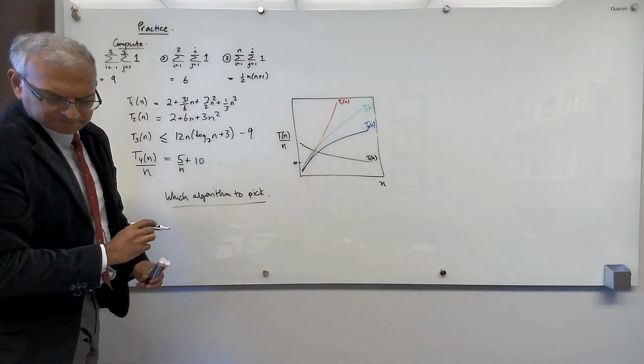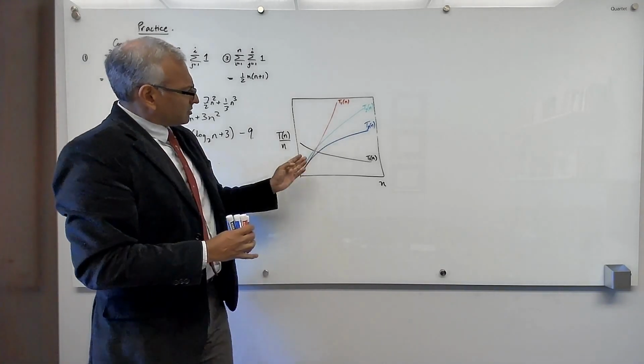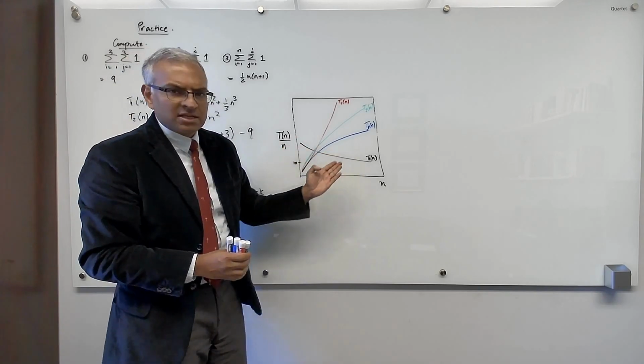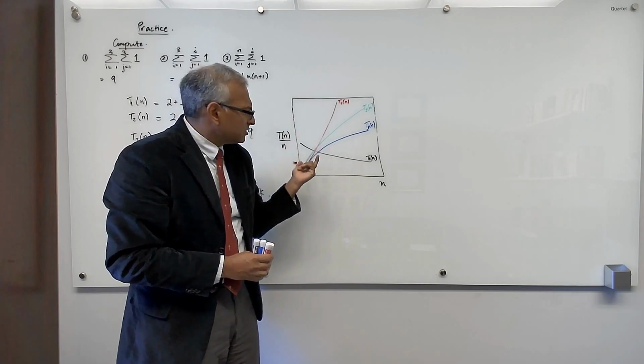And why is it a messy business? Because sometimes one algorithm is better than another. Like these algorithms are all better than T1, and then all of a sudden they get worse. So which would you pick?